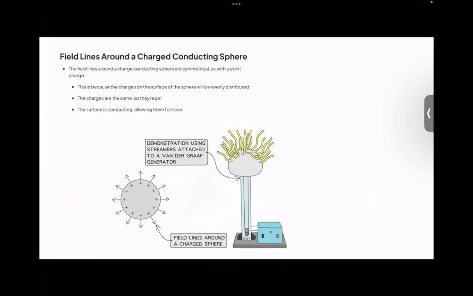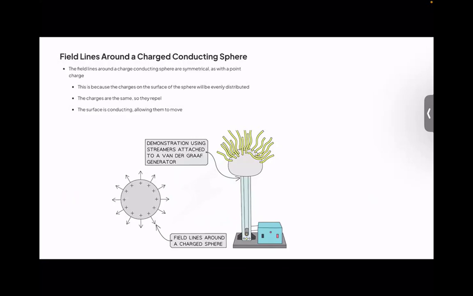You just have to note these points about a charged conducting sphere. The field lines around a charged conducting sphere are symmetrical, like they are with a point charge. There are 4 points, by the way, not three.